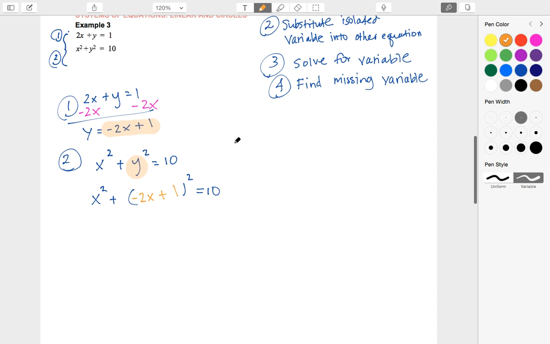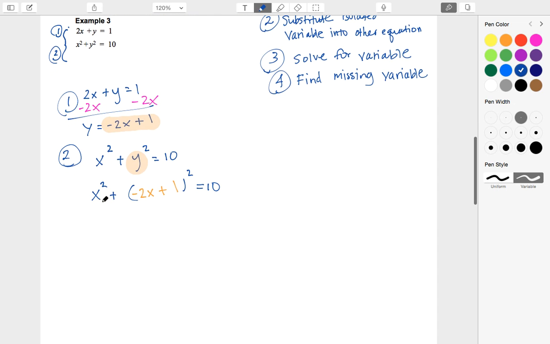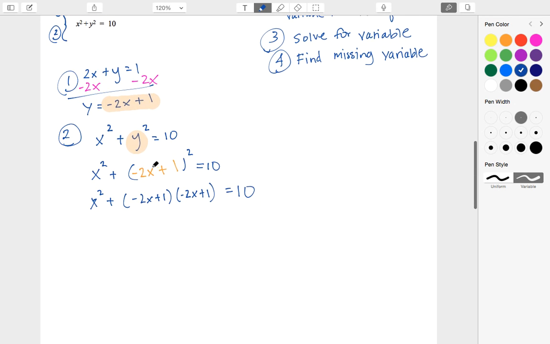Right? So all this really means is we can go ahead and solve for x. And this is okay. It's just going to take a little bit more time for us to do this. So essentially, this is the same thing as -2x plus 1 times -2x plus 1 equals 10. Okay, I really want you all to expand this because sometimes this still confuses us, and this is where we kind of trip in our math. But we want to make sure you expand this into two binomials.